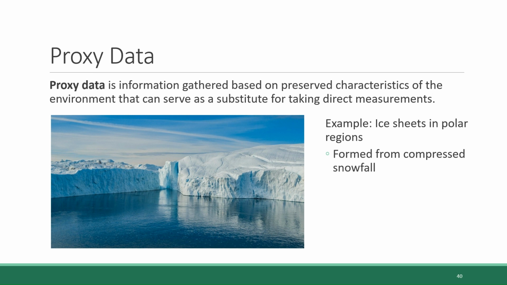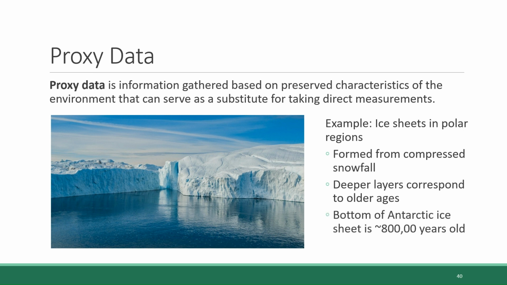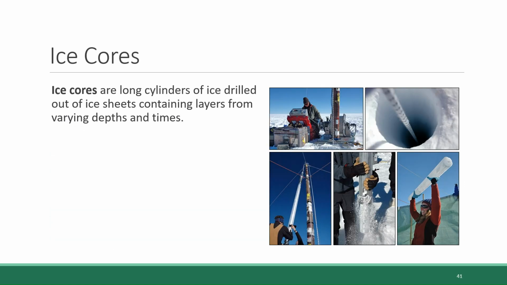These ice sheets are formed from seasonal snowfall that gets compressed into ice over time, and then more snow falls on top of that layer, and more snow on top of that layer, and so on, such that the deep layers of the ice sheet correspond to the oldest ages. To give you some perspective on how far this record goes back, the bottom of the Antarctic ice sheet is about 800,000 years old.